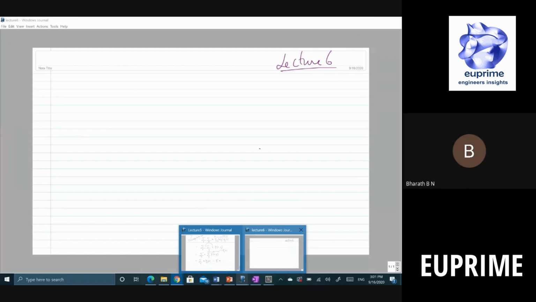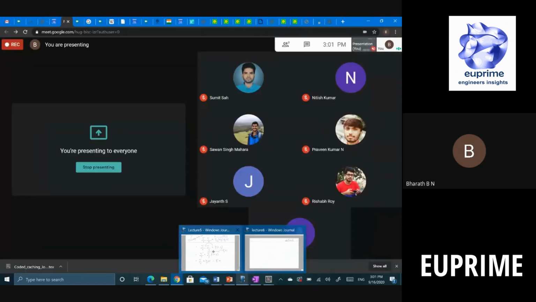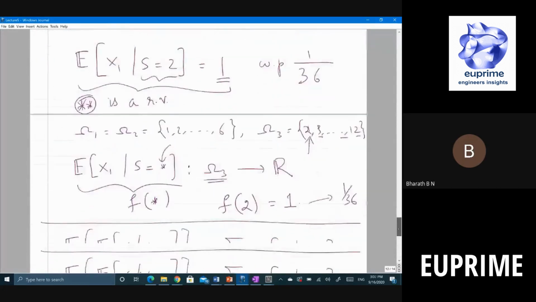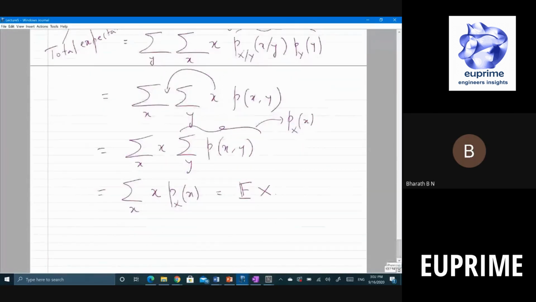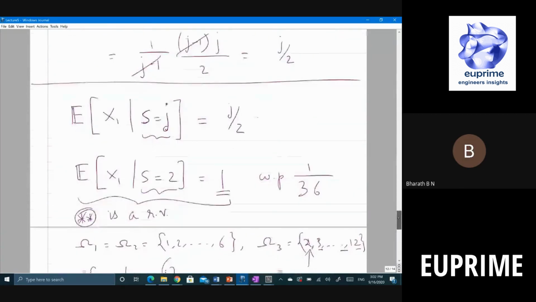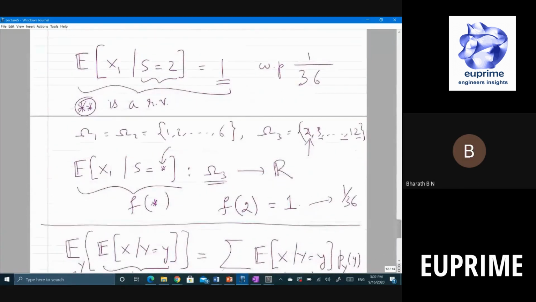This is lecture 6. In the last class, we were looking at the conditional expectation. We saw that expectation can be interpreted as a random variable, and that is very, very important. For example, in the example that we took in the last class, the expected value of x1 conditioned on the sum takes different values depending on what the sum is.